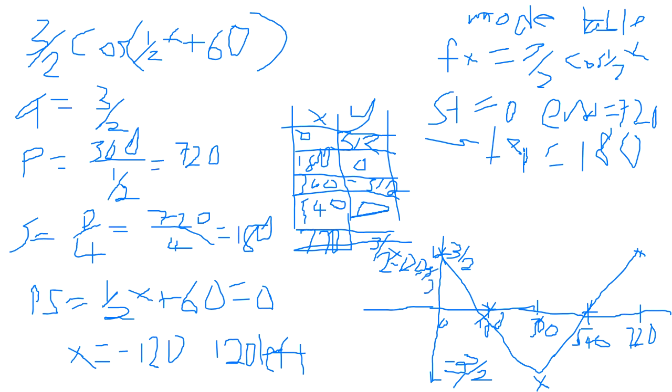Then here is 180. So if I subtract 120, it will come to 60. So here will be 60 and 0. And this is the point that is going to be marked. 60, 0.